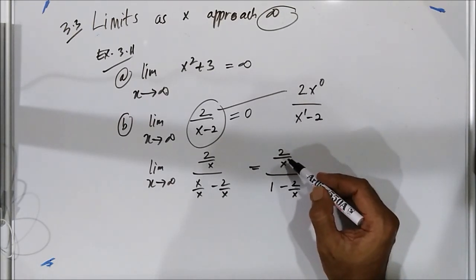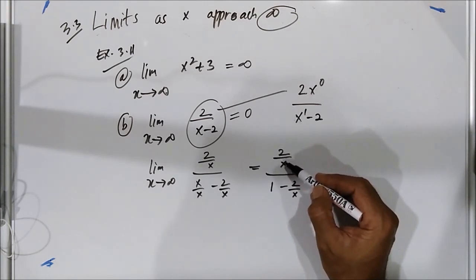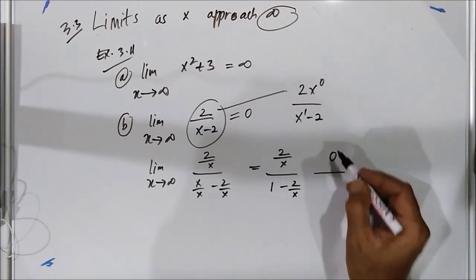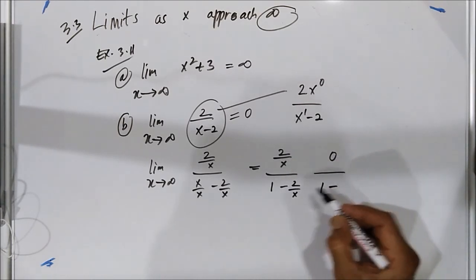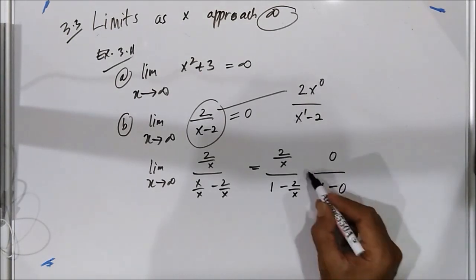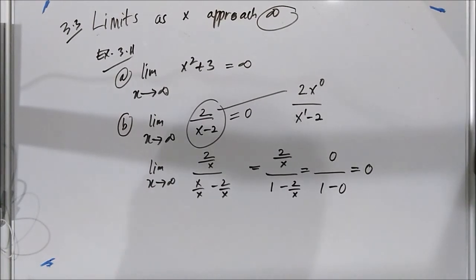Here x is infinity, so 2 divided by infinity is equal to 0. 1 minus 2 divided by a very large number is equal to 1. 0 divided by 1 is equal to 0. This is how you solve the problem here. Okay, C.